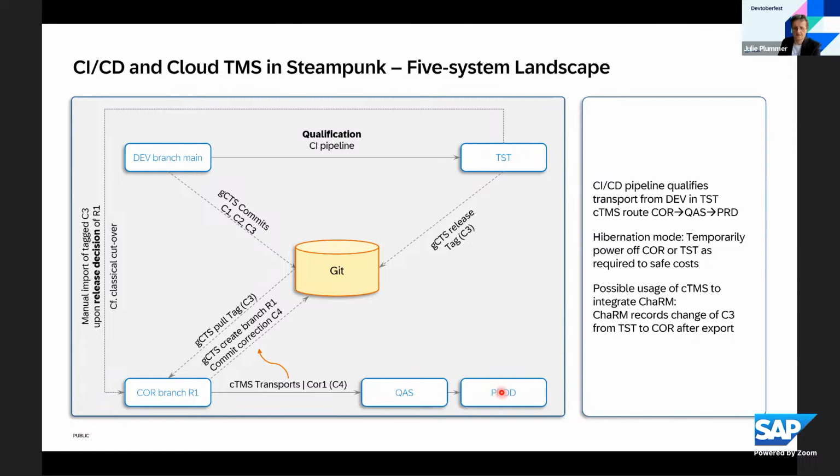What also happens, though, is that the C4, the commit 4, will be pulled back up into the dev branch and into the dev system in the main branch. And if there are any further developments, then they will be subsequent downstream commits, C5, C6, and C7. Okay, so that's quite complex, obviously, but I'm going to show you a small part of this in the live demo.